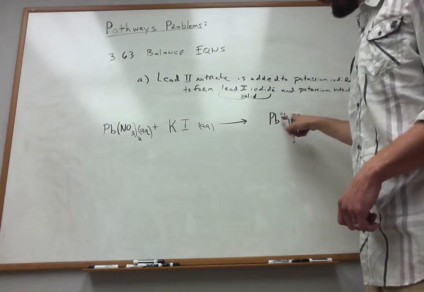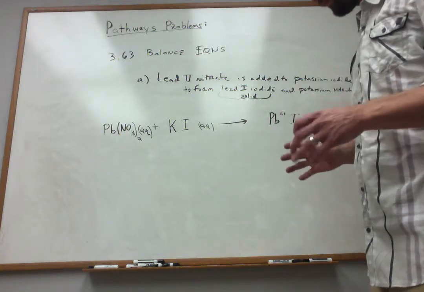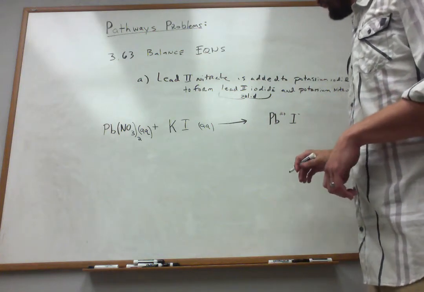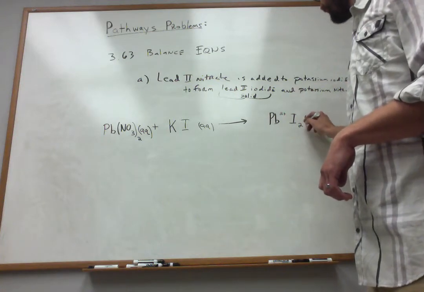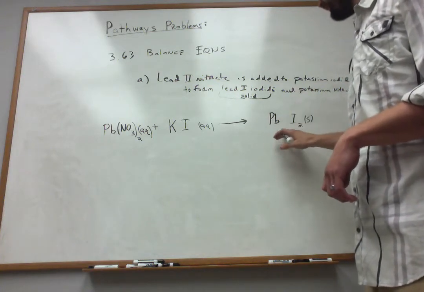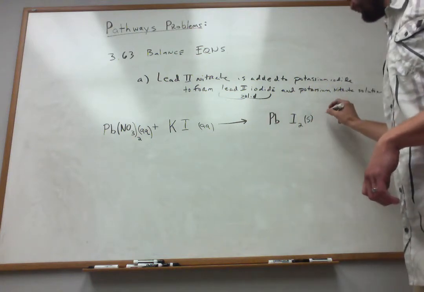Now we can't change the characteristics of these ions or the charge states of these ions. We have to roll with what we've been given. So the only way to make this work is if I combine these two in a 1:2 ratio, PbI2 solid.